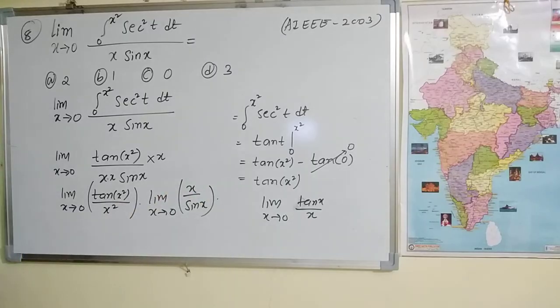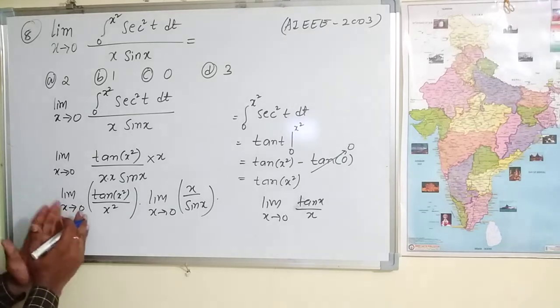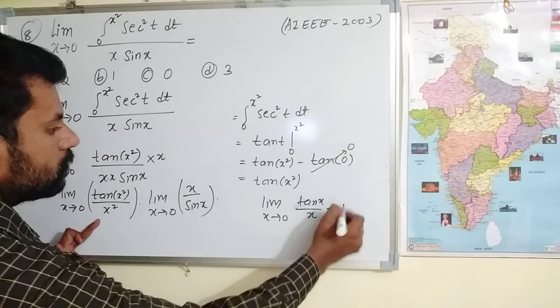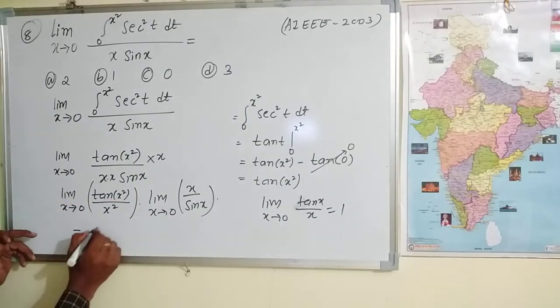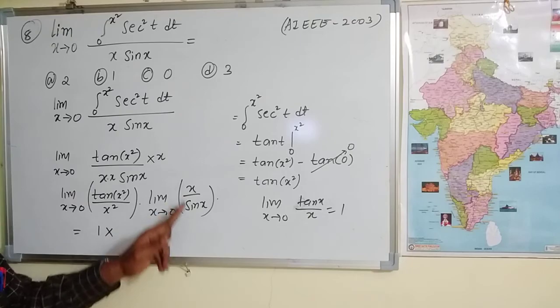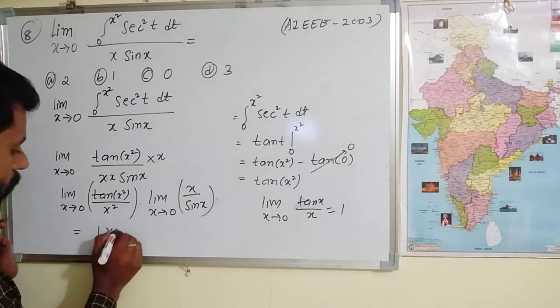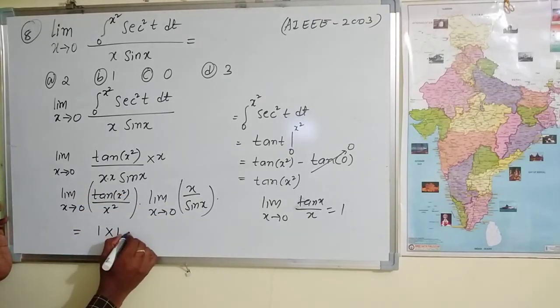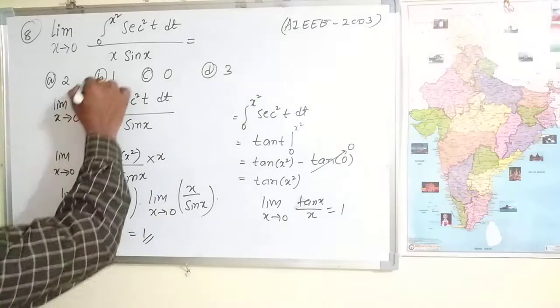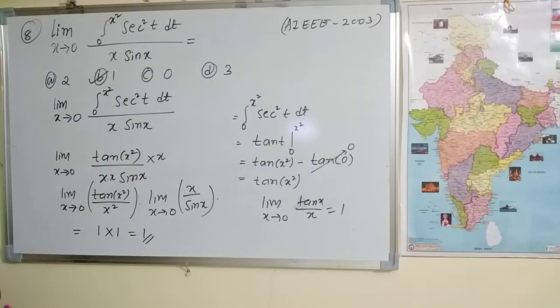Now apply this result: limit x approaches 0, tan of x square divided by x square, this value is 1. Now 1 into limit x tends to 0, we know the result x by sin x is also equal to 1. 1 into 1 is equal to 1. See, option B is the required result.